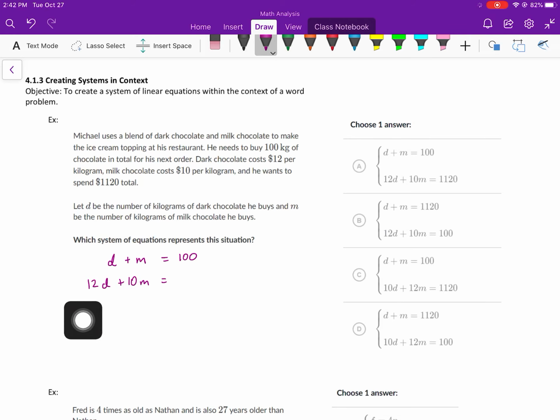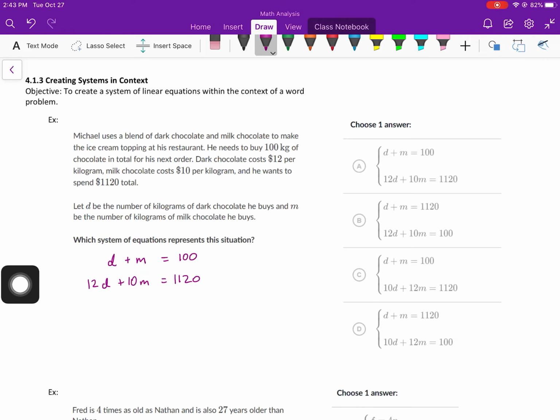So this would represent how much total he's going to spend. $12 per kilogram of dark chocolate, $10 for each kilogram of milk chocolate. So the total he spends needs to be $1,120. That's why we associate the $1,120 with the amount spent. We associate it with our price function, basically. So this is like our cost function. This is like our total chocolate function.